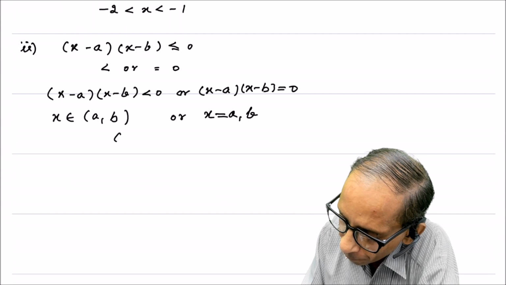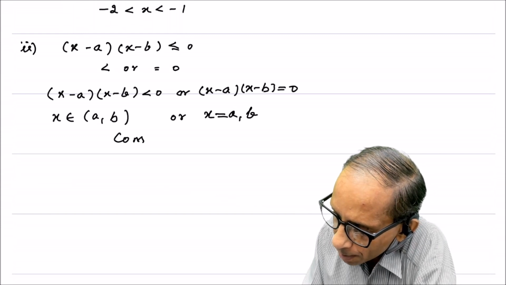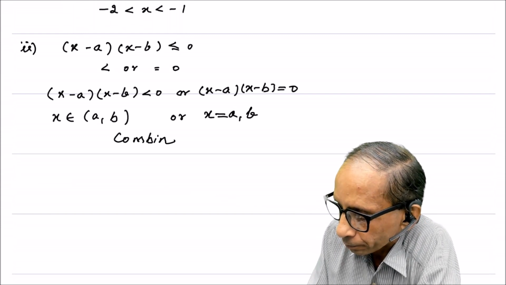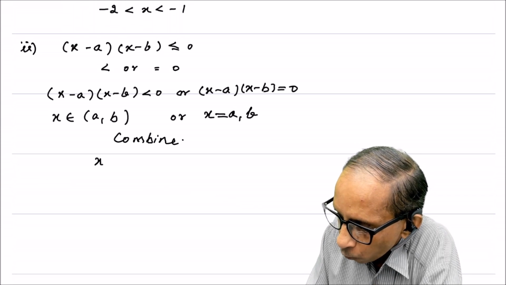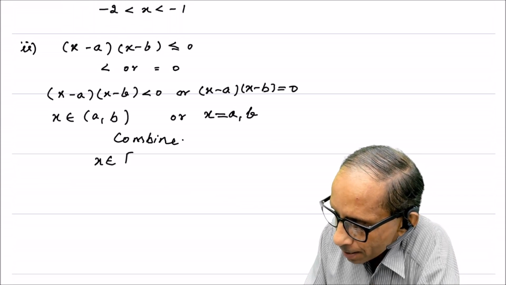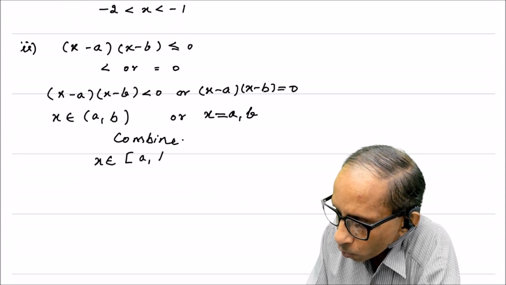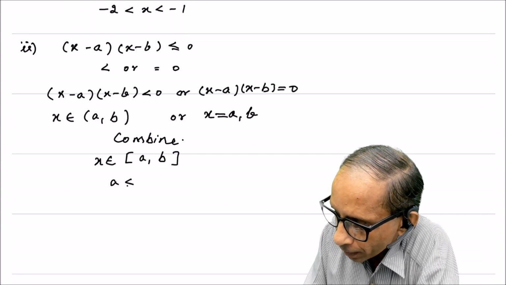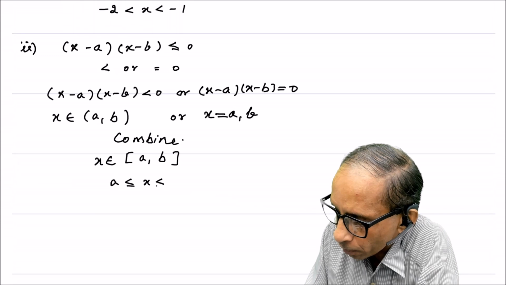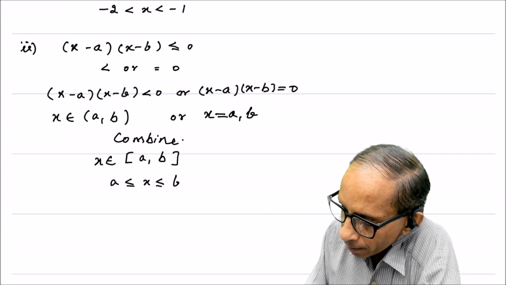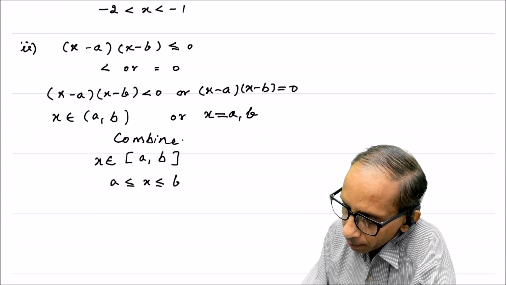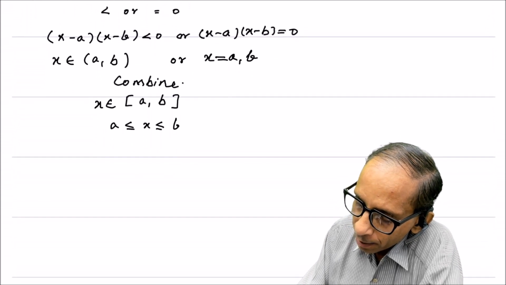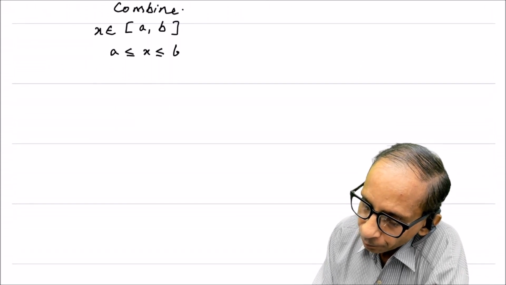So when we combine both these solutions, what we get is x belongs to the closed interval a comma b, or else we can write it in this particular format: a less than or equal to x less than or equal to b.